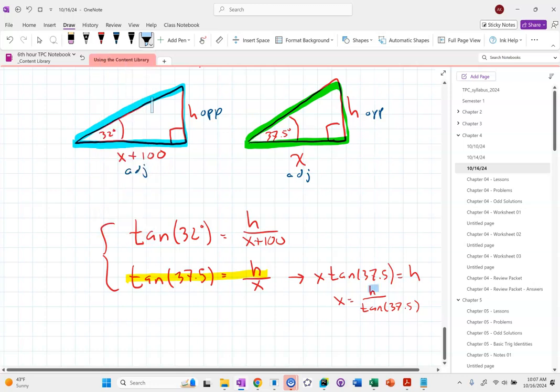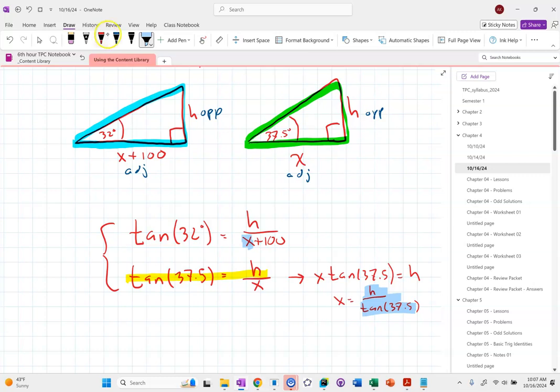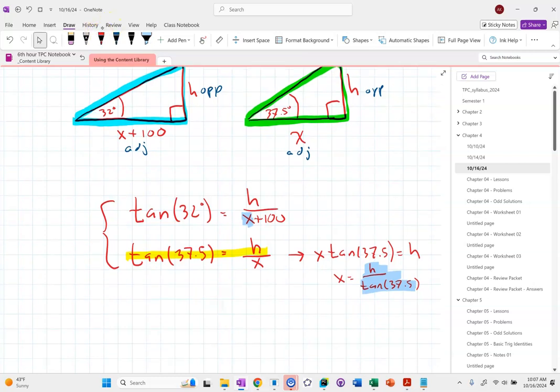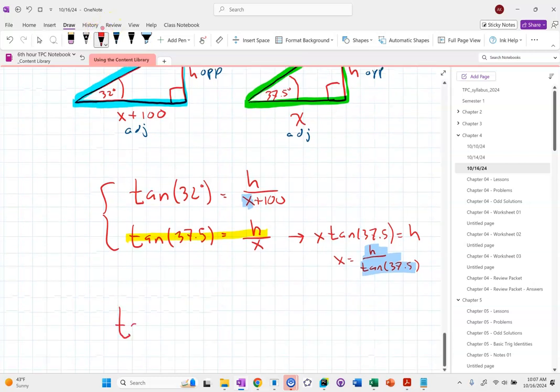And I'm going to take this value for x and plug it into the first equation. In doing so, I have eliminated the x variable.